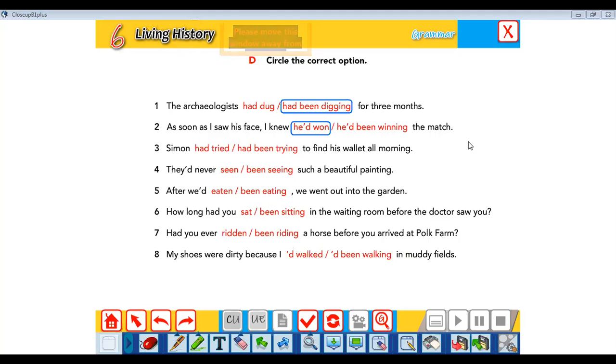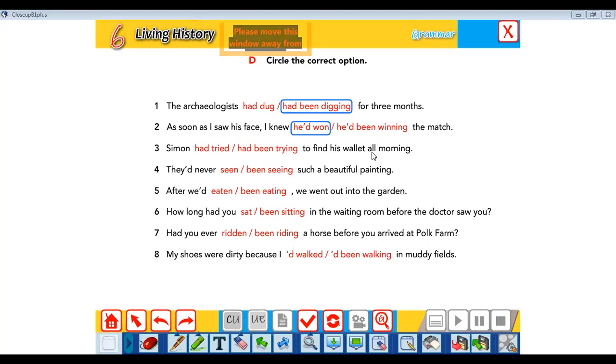Yes, number 3. Mister, can you hear me? Yes. If you look here, you'll find that we have the word "all", and this is a keyword for the past perfect continuous, by the way.